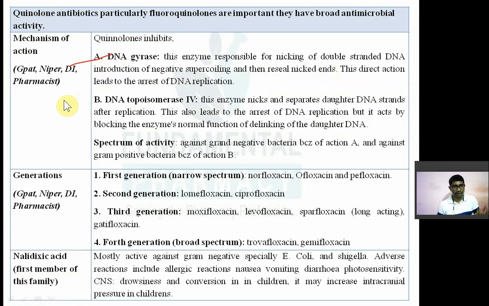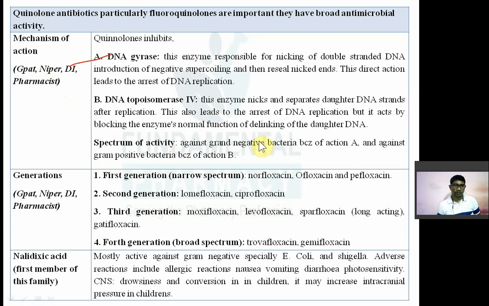That end should be sealed with a particular base sequence. That is a function of DNA gyrase. If it is inhibited by quinolones, the enzyme will not be able to relieve the supercoiling caused by replication. So supercoiling will remain as it is, and that will damage the DNA, and that's how bacteria will die.